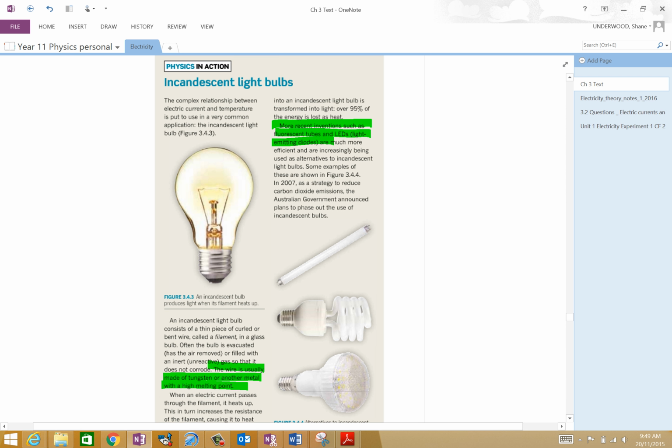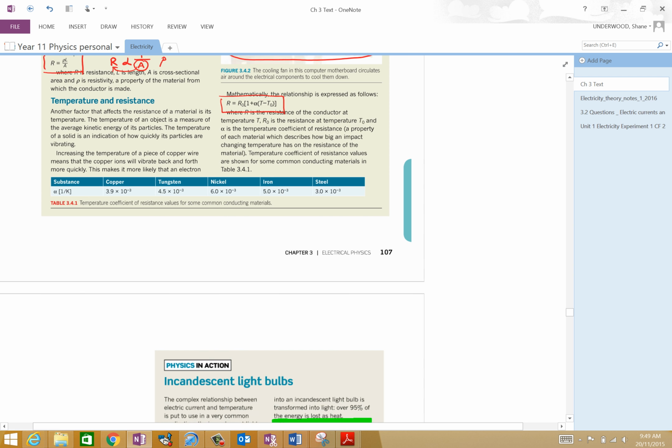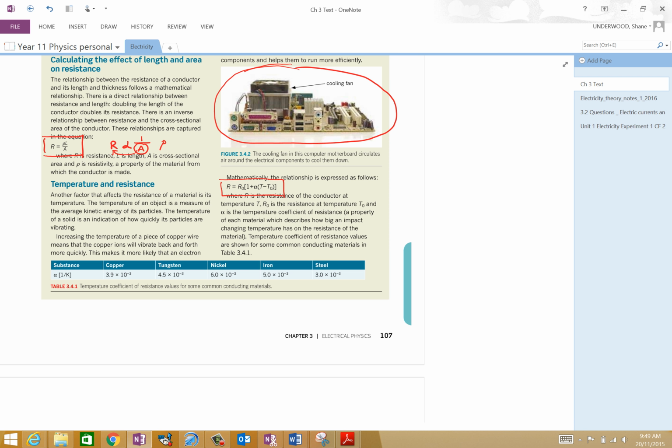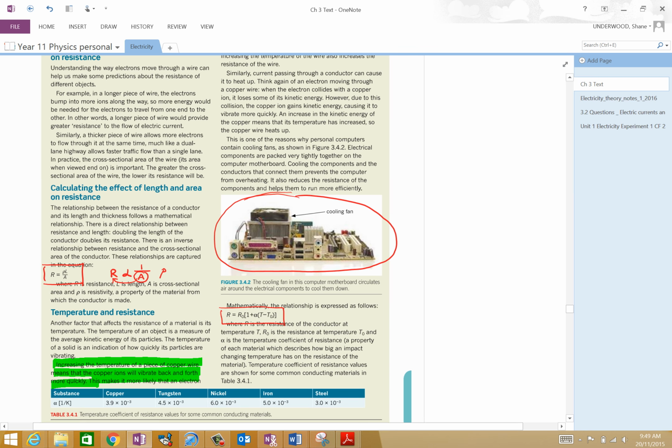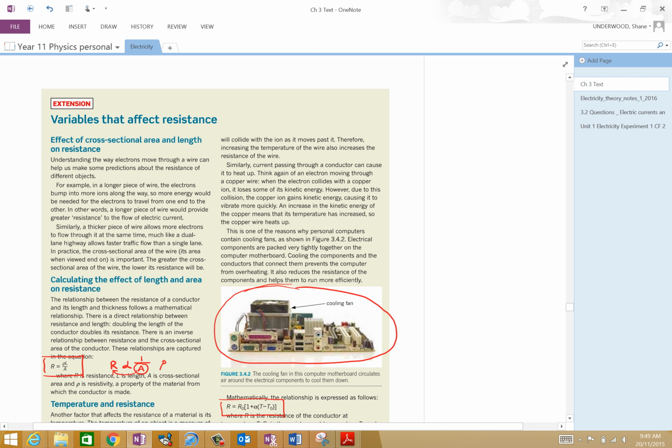Now, for example, regarding temperature and resistance, increasing the temperature of a piece of copper wire means that the copper ions will vibrate back and forth more quickly. In other words, there's more energy within those copper ions, and that makes it more likely that an electron will collide with the ion as it moves past it.